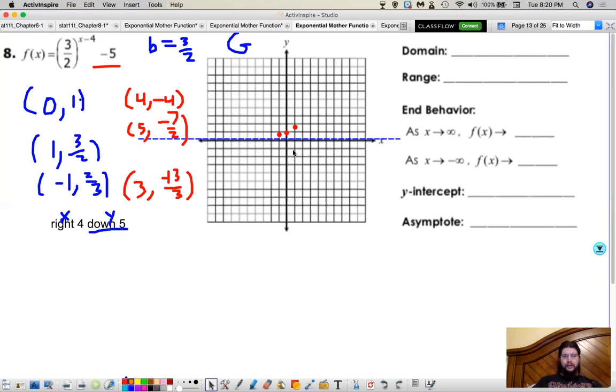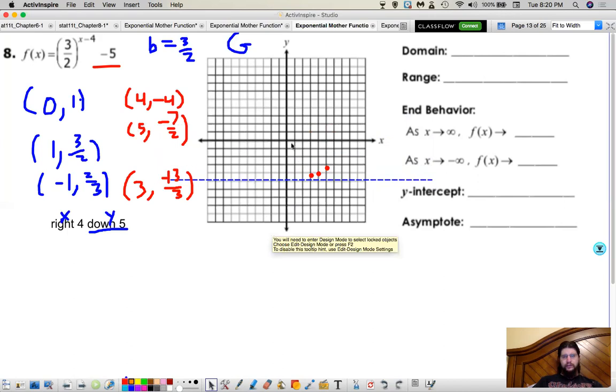And then I'm going to take those points and I'm going to shift them. I'm going to go right 4: 1, 2, 3, 4. I'm going to go down 5: 1, 2, 3, 4, and 5 right there.